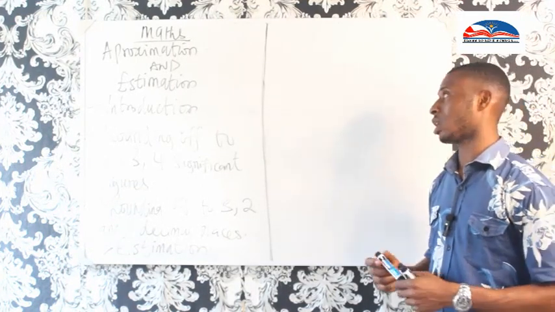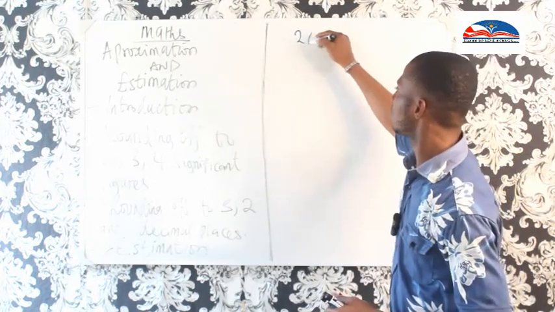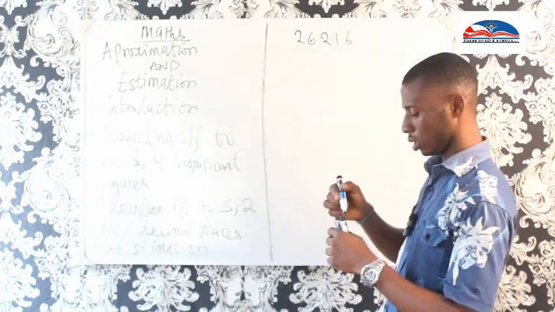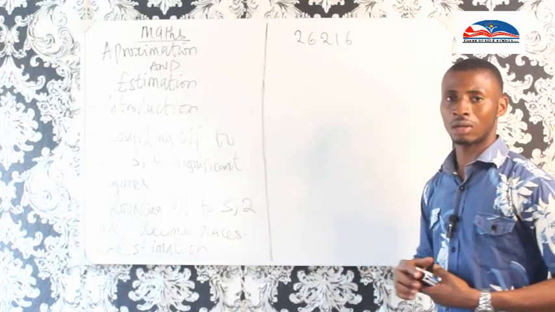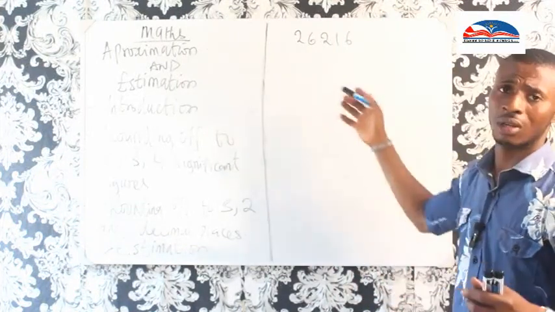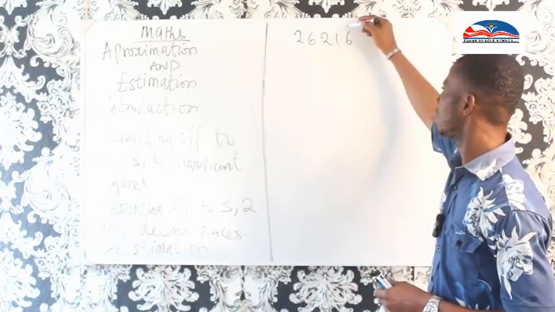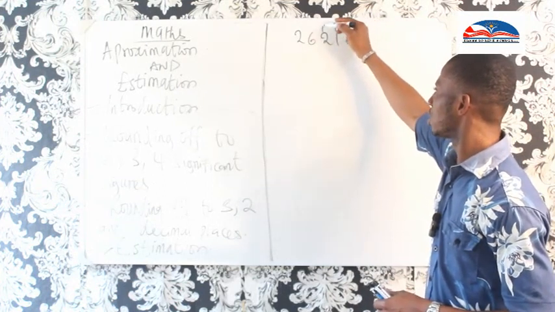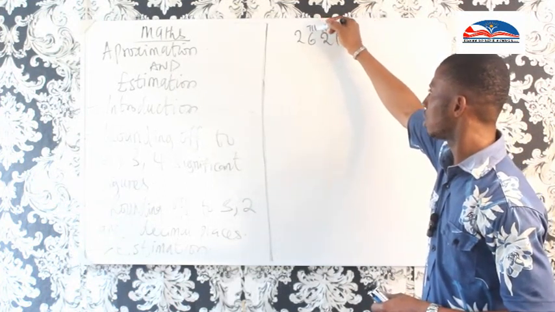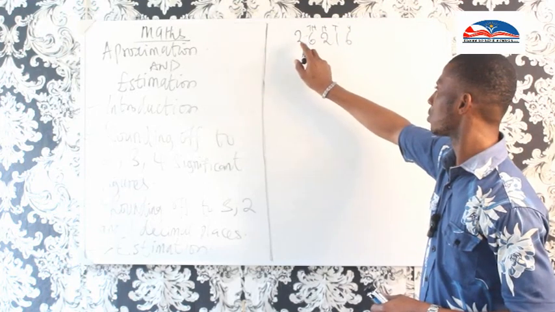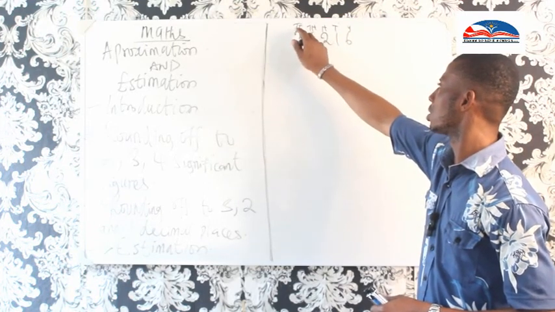Let's use an example. We have 26,216. If you look at it in its place values, this is units, this is tens, this is hundreds, this is thousands, and this is ten thousands.